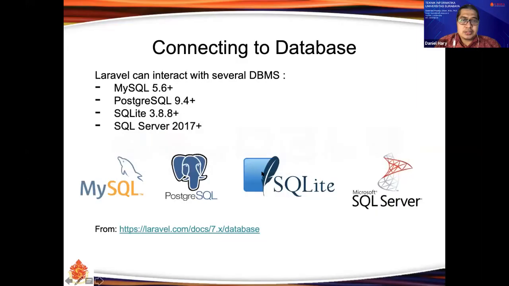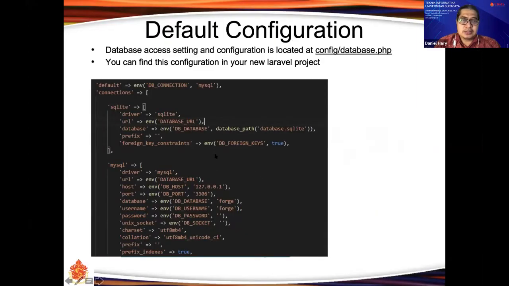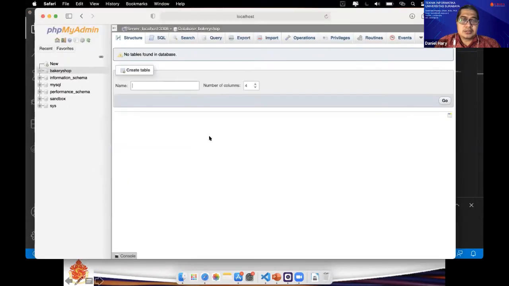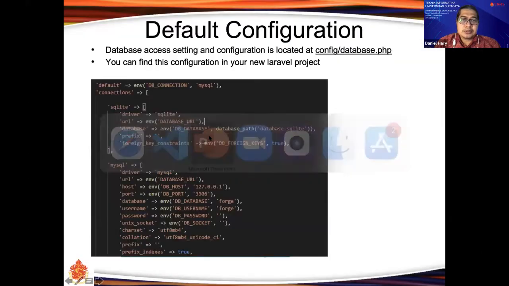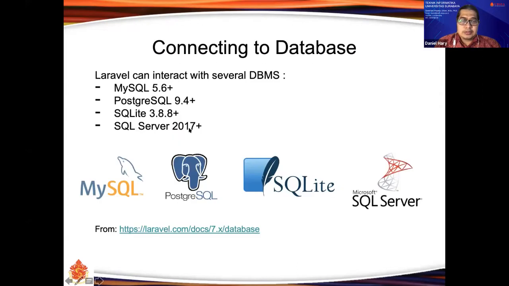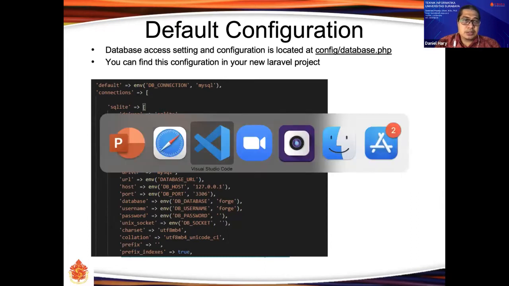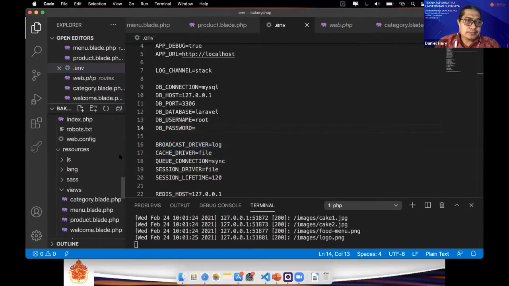And we already have default settings for each of these databases. Each database is already set up in here. But by default, our connection will use MySQL here. You can see this one in config/database.php. Okay, we will open this one, config.